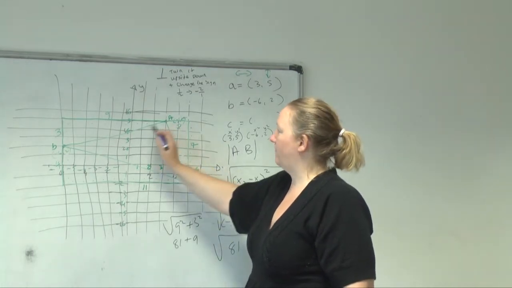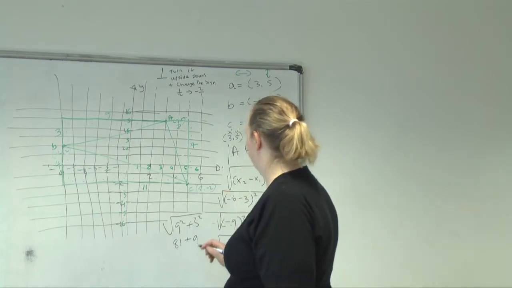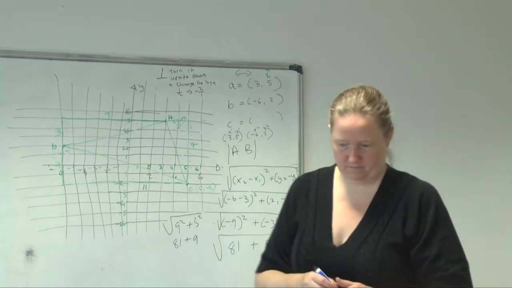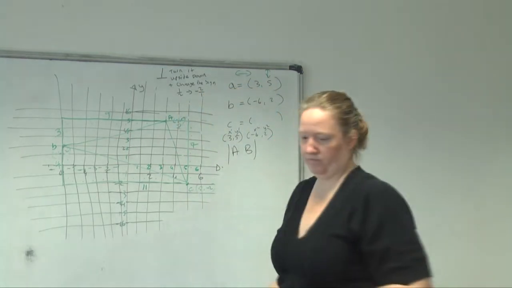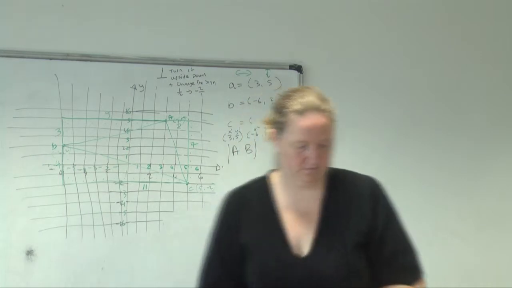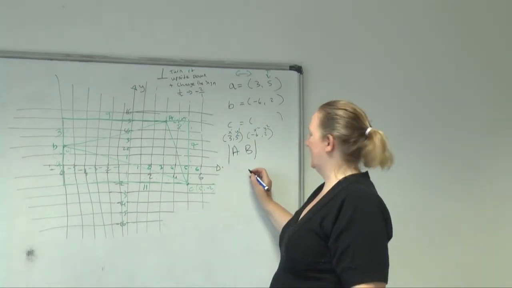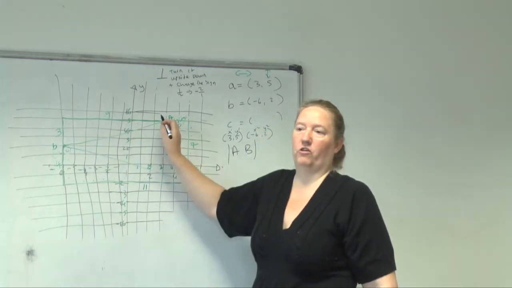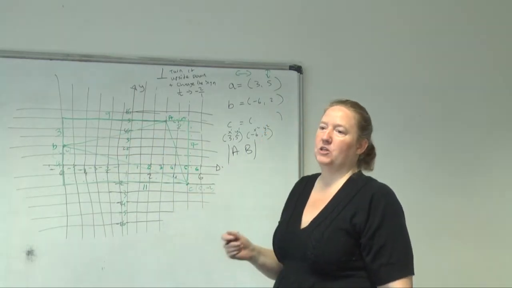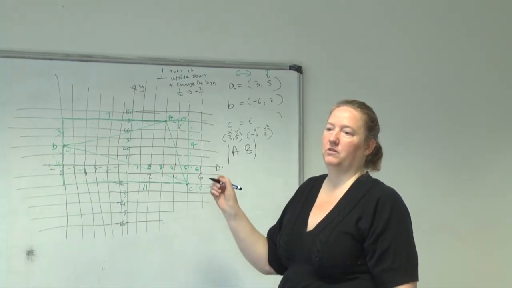So the slope of AB, the way you get the slope is it is the y numbers over the x numbers, so the down over the across. Okay, what the slope means is for every one that you go over, how many do you go up?